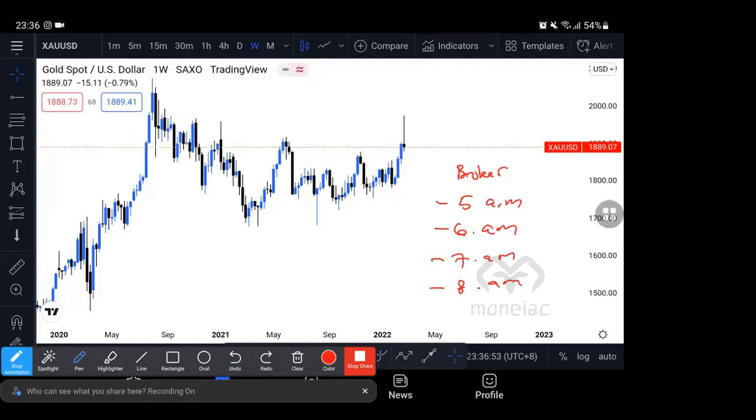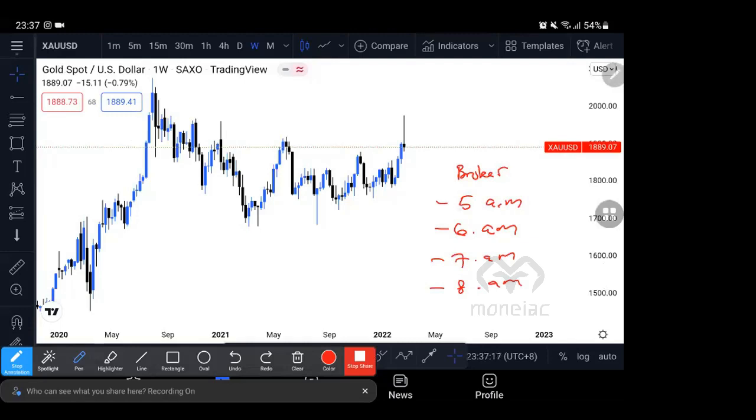So for me, the most true candles are only H4 and below, which means H1 and below. H1 and below is the purest key level.